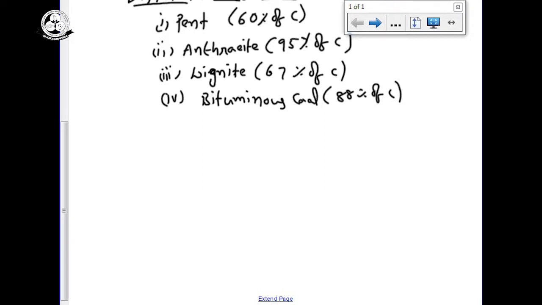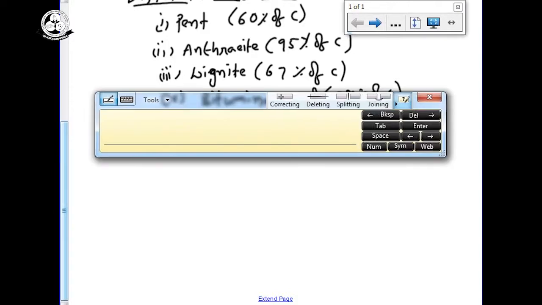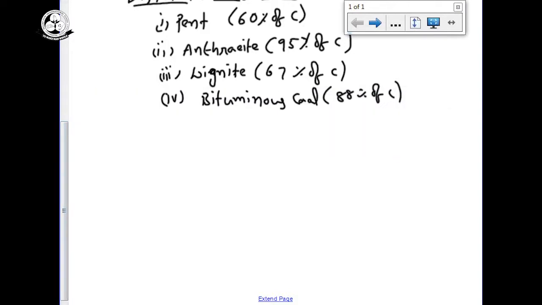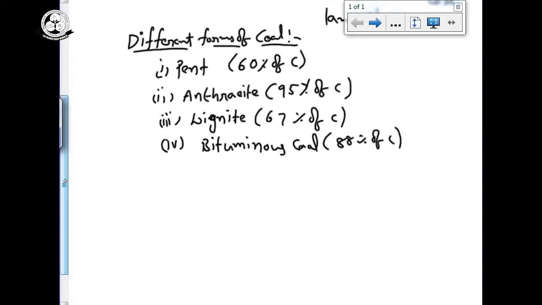Out of these four, anthracite is the best coal.